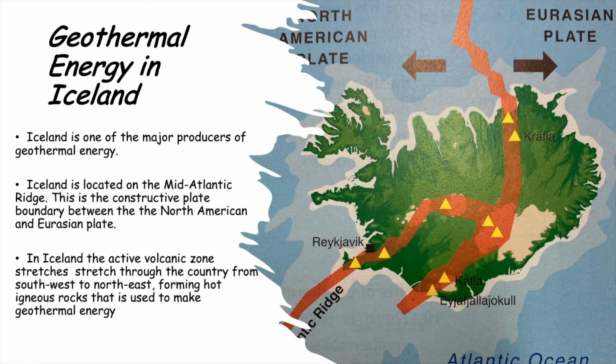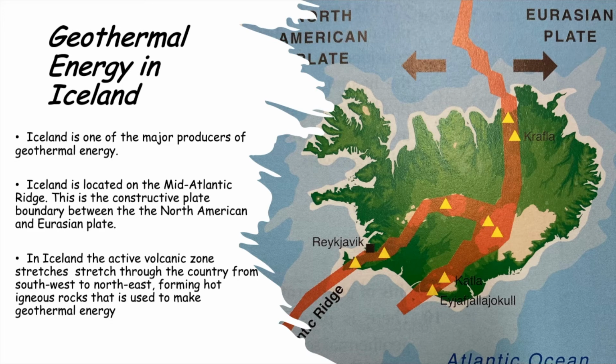Okay. So you should have something along the lines of: Iceland is a major producer of geothermal energy. It is located in the mid-Atlantic Ocean, where the North American plate separates from the Eurasian plate along a constructive plate boundary. This forms an active volcanic zone. In Iceland, the active volcanic zone stretches through the country from southwest to northeast, forming hot igneous rocks that are then used to make geothermal energy.